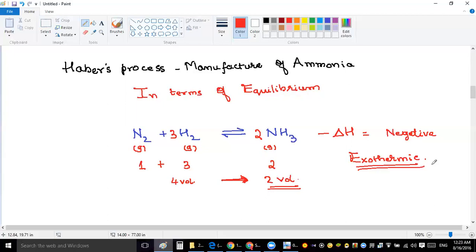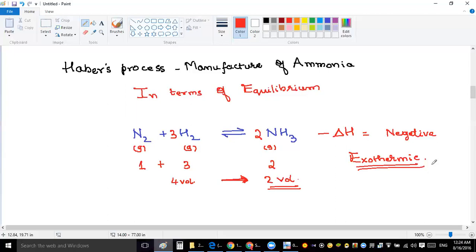If the reaction is exothermic, then the forward process is trying to give out heat energy. If I am using high temperature, then I am also supplying heat to the reaction mixture. It means I'm not allowing that heat to come out when the forward reaction is taking place. It means I'm opposing this reaction. So if I use high temperature, this is going to favor the backward reaction. So for exothermic reactions, we generally need to use low temperature.